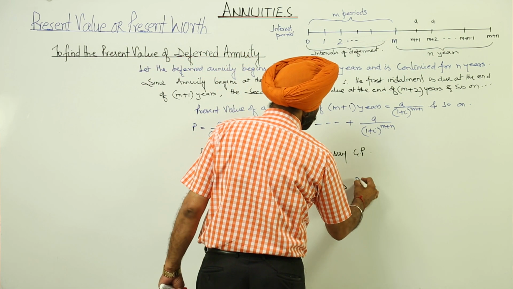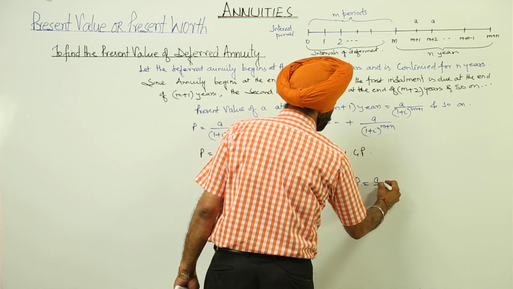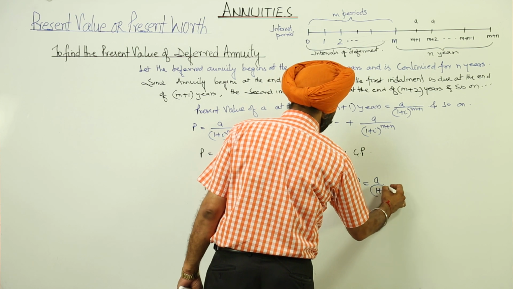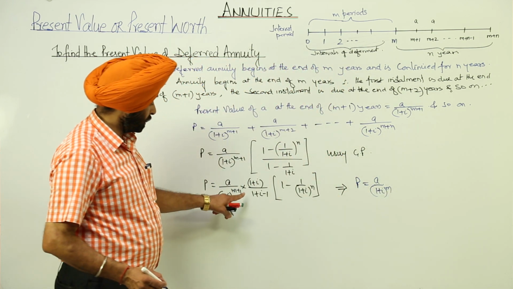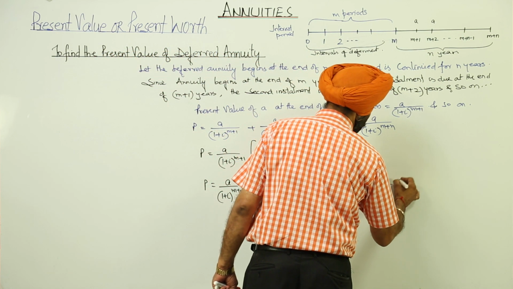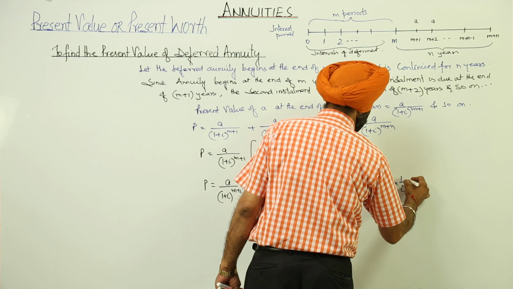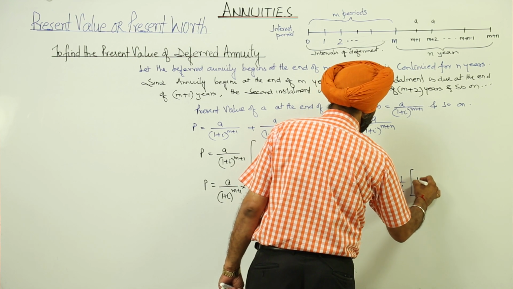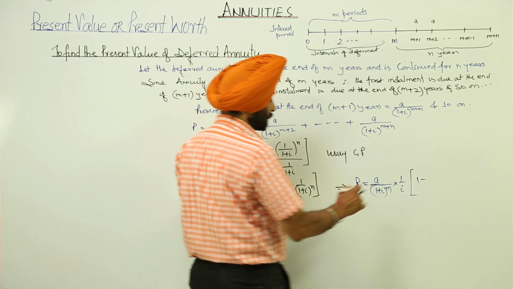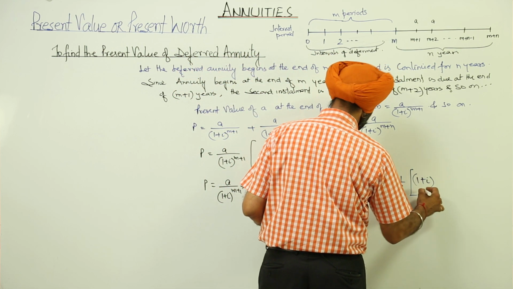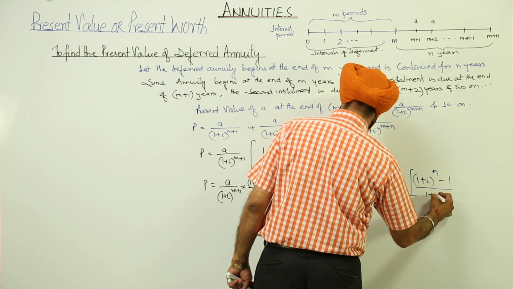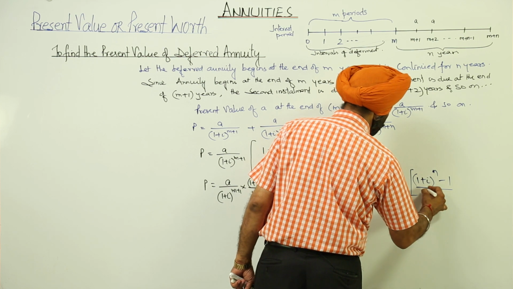So we have P is equal to A upon (1 plus I) to the power m, times 1 upon I, with 1 minus, or we can write it with (1 plus I) to the power n minus 1 upon (1 plus I) to the power n. Okay.